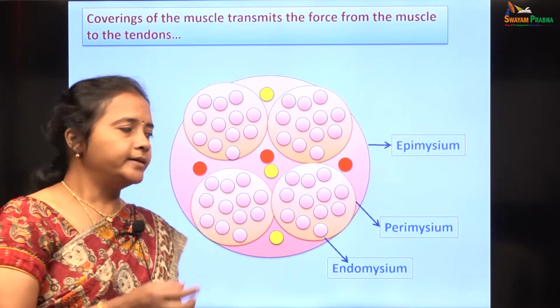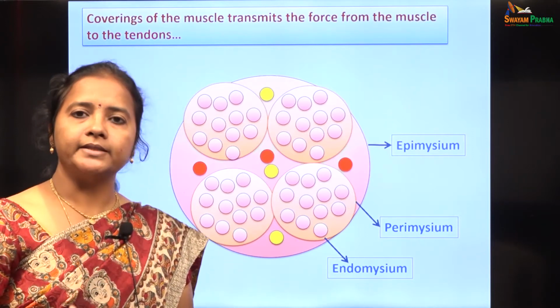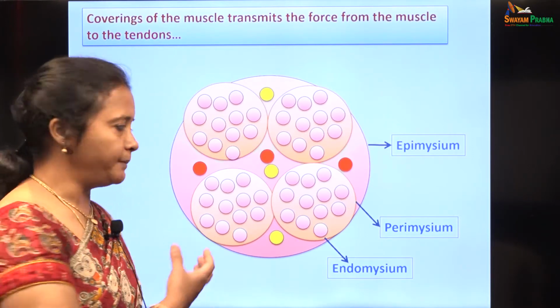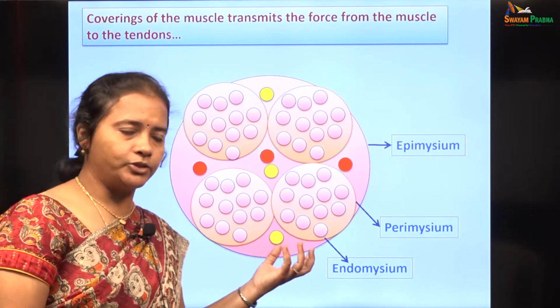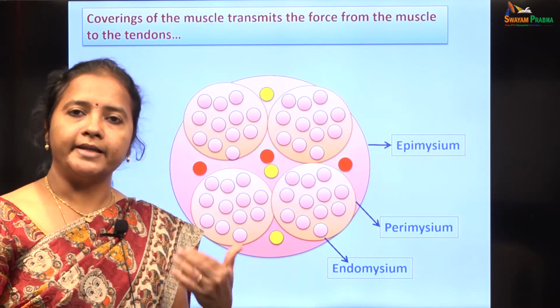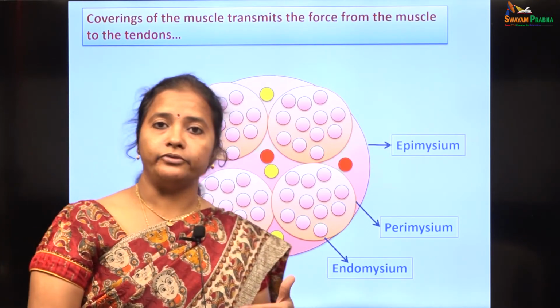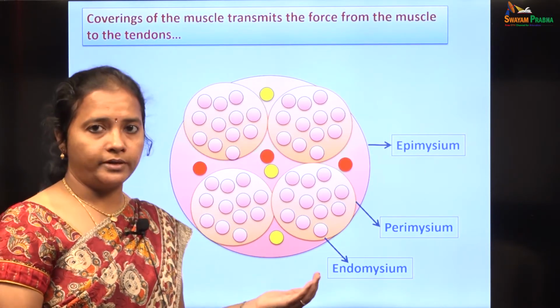Other than this, there are numerous blood capillaries, blood vessels and nerves supplying the skeletal muscle fibers within these connective tissue layers, and this extensive blood supply is required to produce enough ATP, the energy required for muscular contractions.